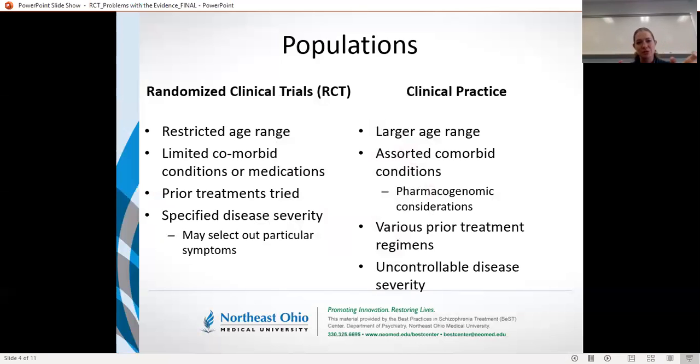So really making sure that we're watching that, as well as if they're excluding certain patients. So in some cases, there will be particular subsets of patients that they do not want included. So in some of the depression trials, they specifically restrict patients who may score high on some of the anxiety subscales.